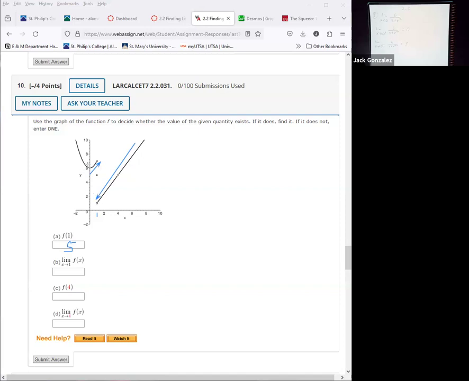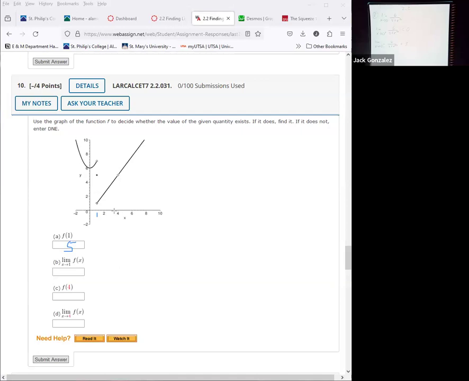What do y'all think? Looks like 7 to me. It's definitely not the same though, right? So you would just write D and E for B, because the Y value is not going to the same place. Simple as that.